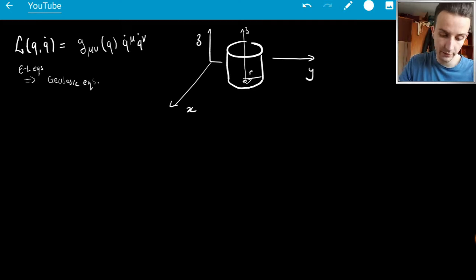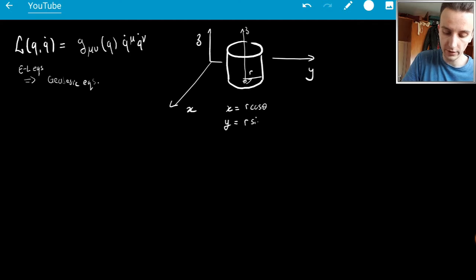Okay. And so from here, I can write that x is r cosine theta, y is r sine theta, just your standard polar coordinates. Nothing too extravagant so far.